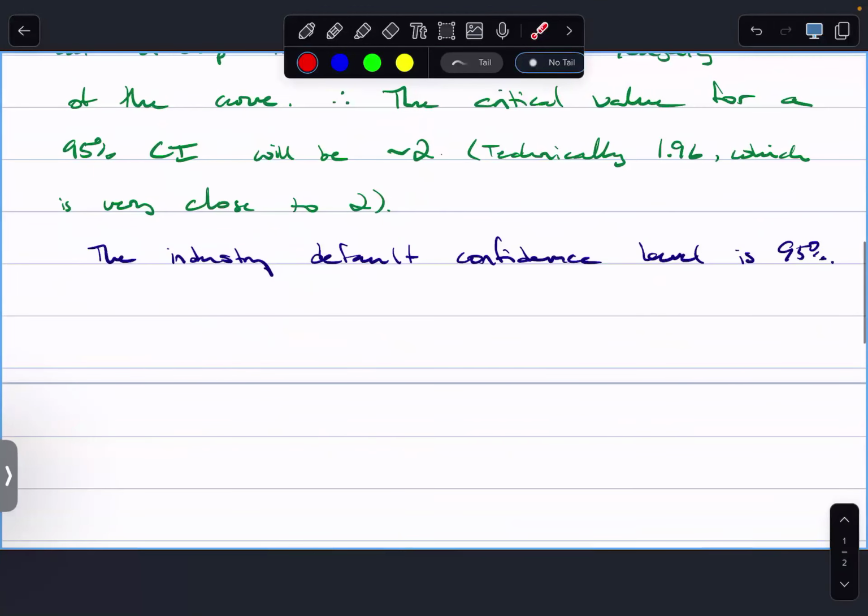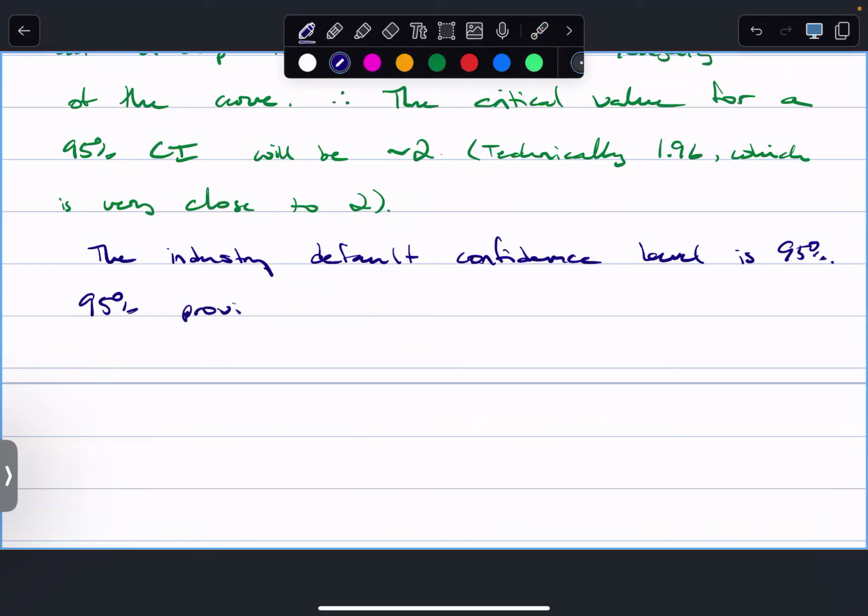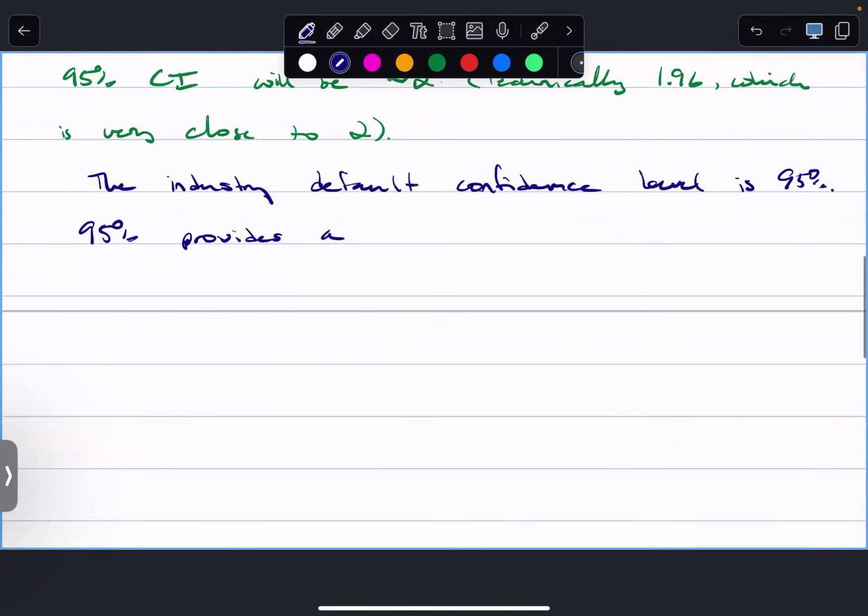And so 95% provides a trade-off between confidence and precision.